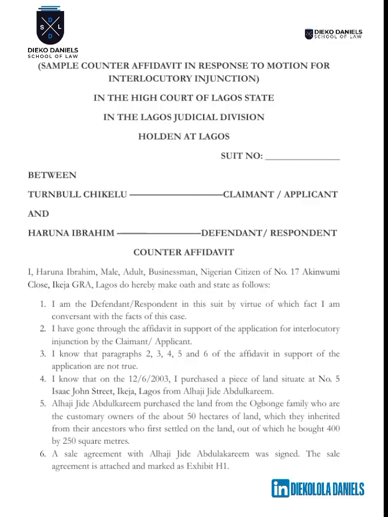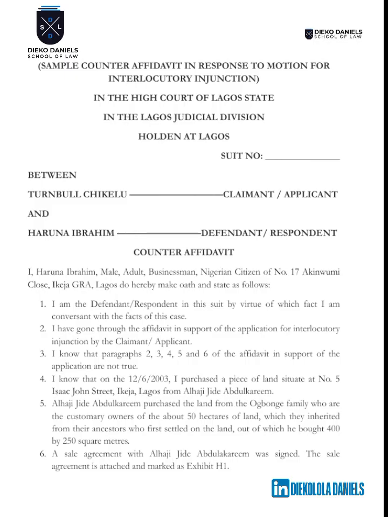Now, when I was teaching you how to draft a motion, don't forget that I told you that you are supposed to have just one piece of information per paragraph. One paragraph should contain one piece of information. So in this case, if you look at paragraph 4, it says that I know that on the 12th of June 2023, I purchased the land situated as so from so person.